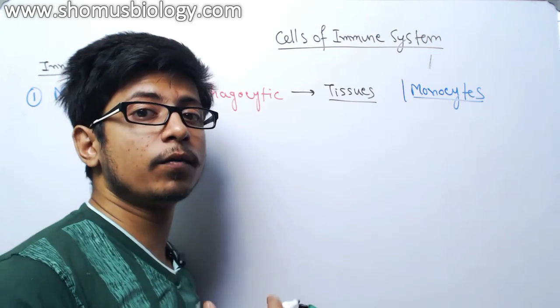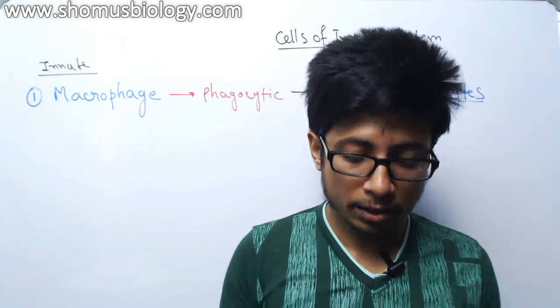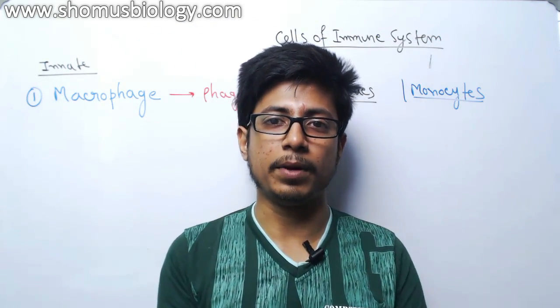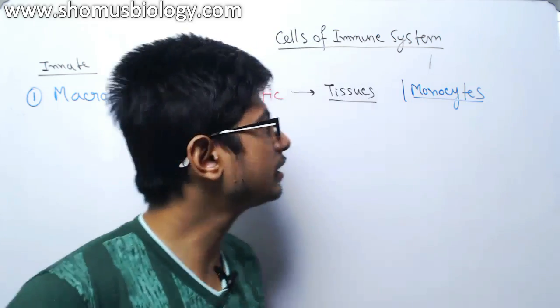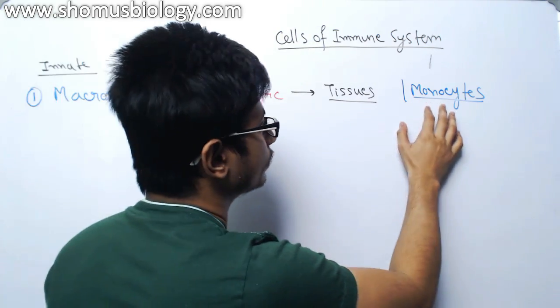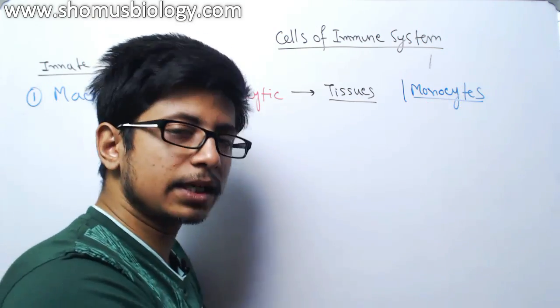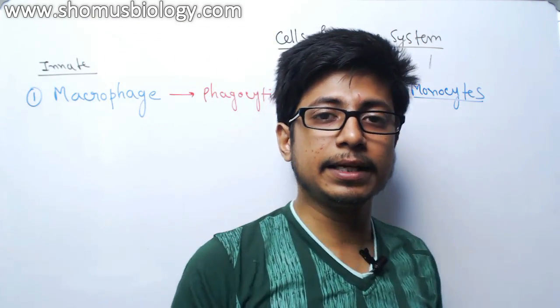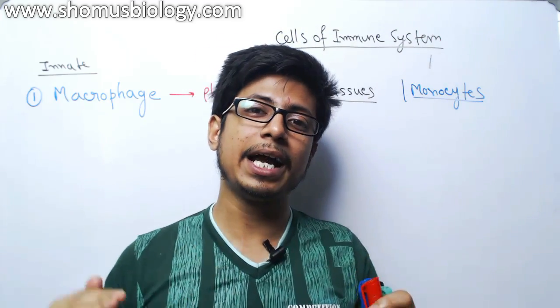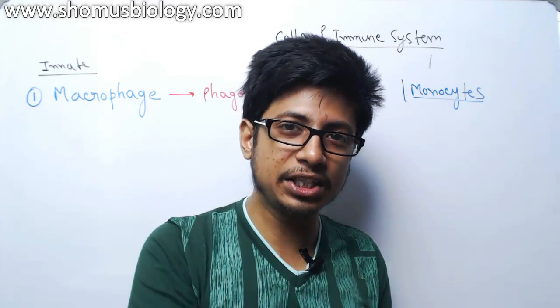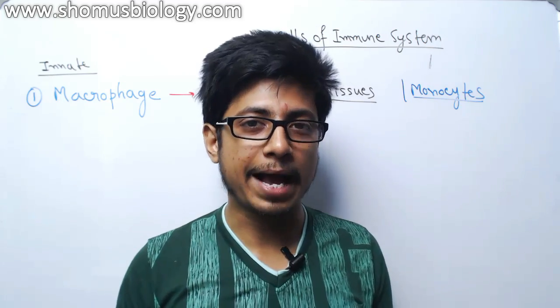Monocytes are a part of white blood cells, remember, which are circulating through our blood. So these macrophages are the transferred version of monocytes. When monocytes are circulating through the blood, they are called monocytes. When they are transferred to the tissue, they will be known as macrophage.